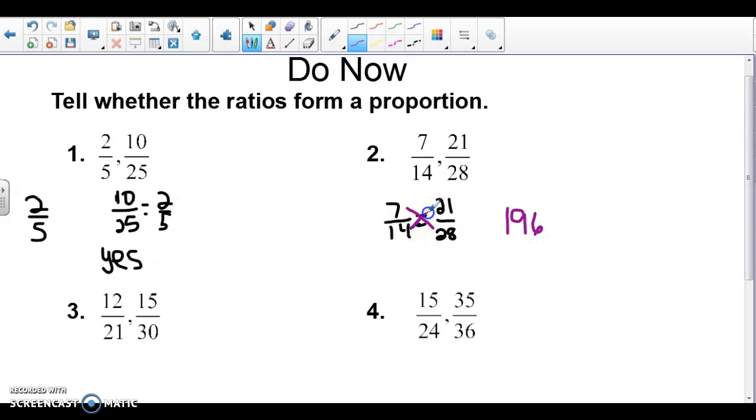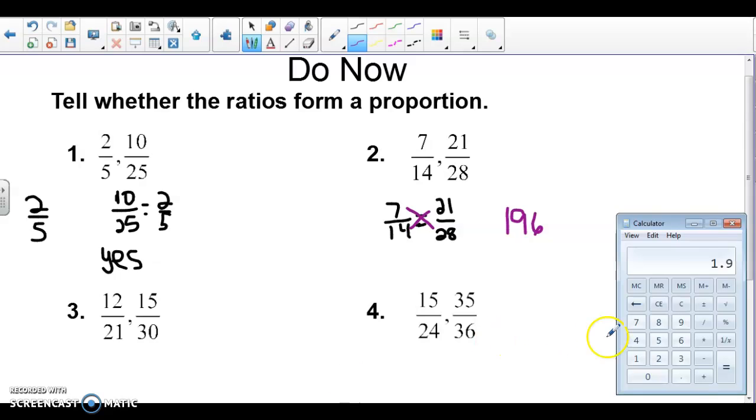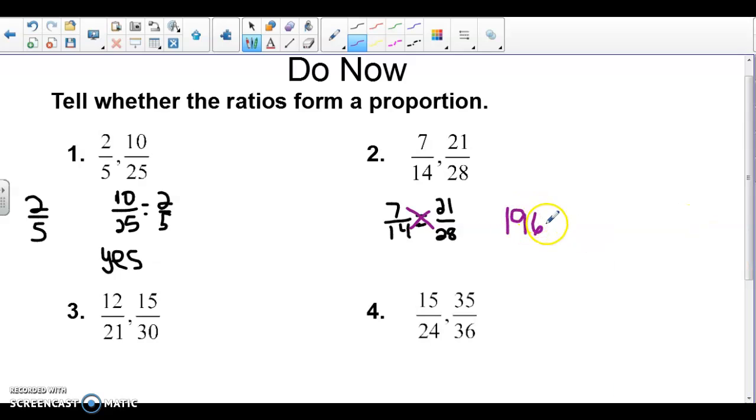Then I would do 14 times 21. I could do it, but we've got calculators, right? 294. So does 196 equal 294? No, it does not. So these two do not form a proportion.